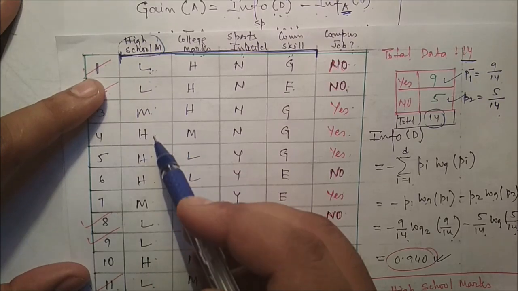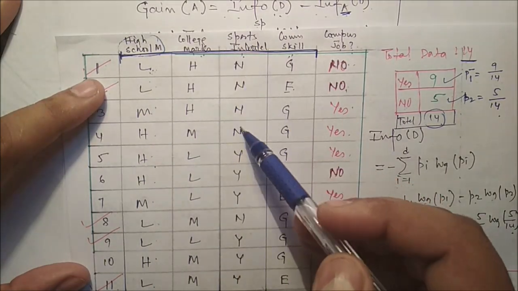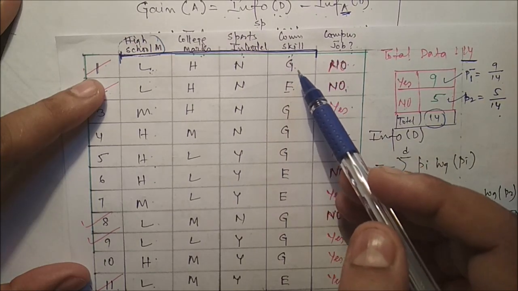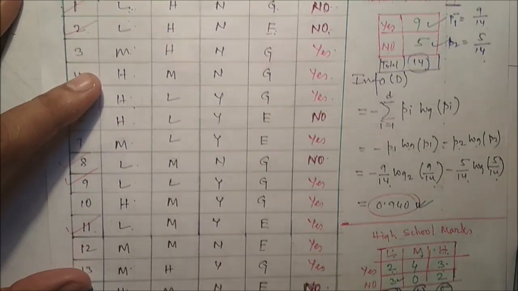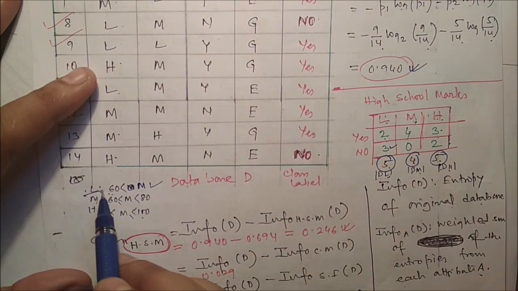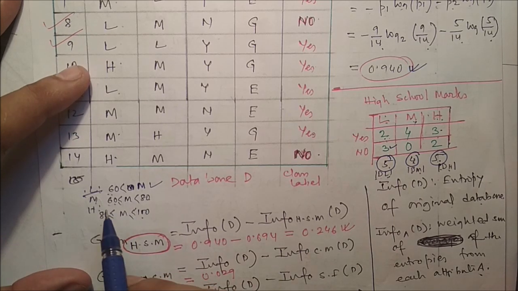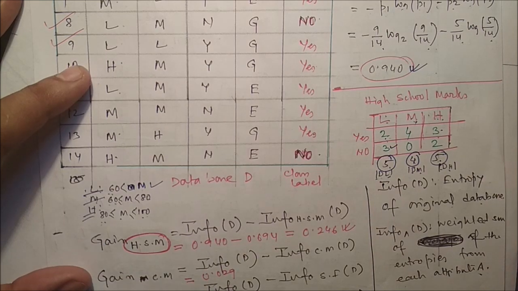High school marks and college marks are low, medium, or high, sports interested is yes or no, and communication skill is good or excellent. This is our historical data that we have already collected. If the marks are less than 60, it is low; between 60 and 80, it is medium; and between 80 and 100, it is high.